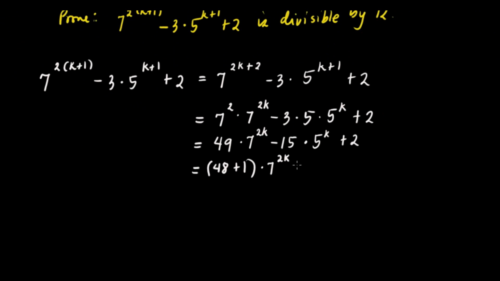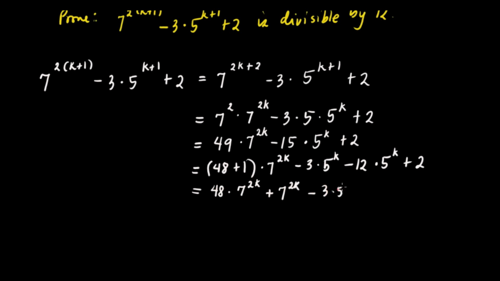So, can we write this as negative 3 times 5 raised to k minus 12 times 5 raised to k plus 2. And I can distribute 7 raised to 2k here. So, it will become 48 times 7 raised to 2k plus 7 raised to 2k minus 3 times 5 raised to k minus 12 times 5 raised to k plus 2.